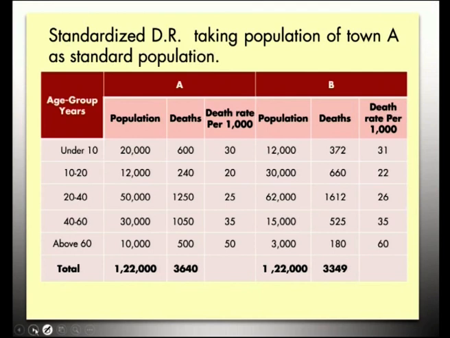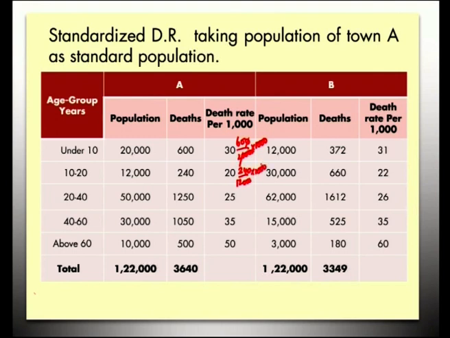Death rate per 1000 is calculated as 600 divided by 20,000 into 1000. The zeros get cancelled, so it is 30. Similarly, this 20 is arrived at as 240 divided by 12,000 into 1000.